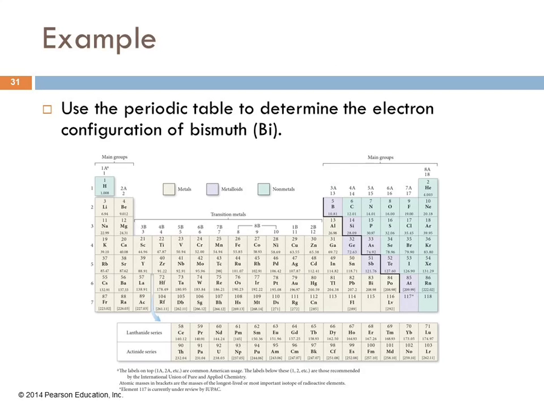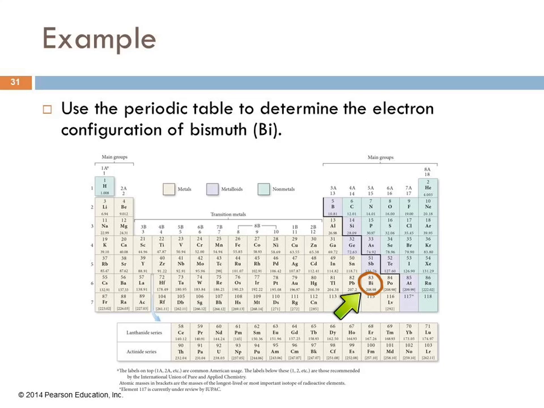So use the periodic table to determine the electron configuration of bismuth. Bi. Well, we got to find it first. It's down here, right? So using the periodic table and the noble gas configuration makes it really easy.